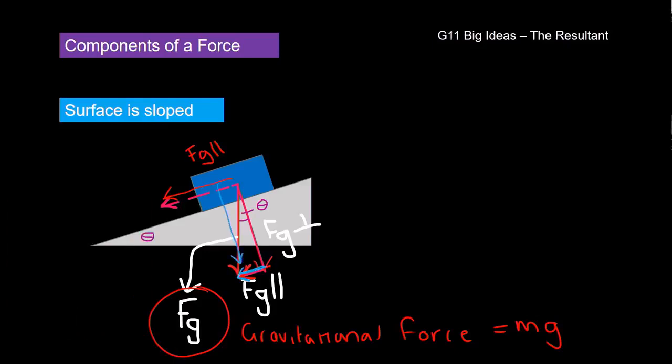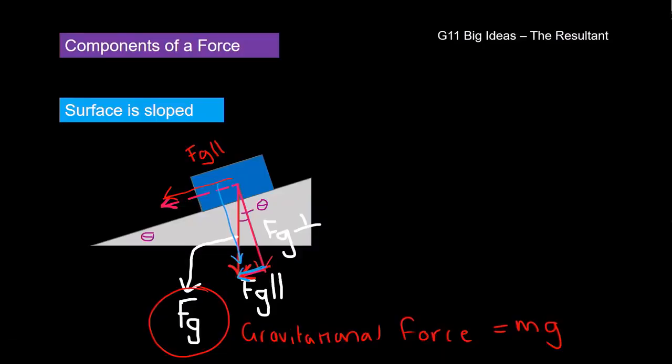It's been taken from where it was drawn, and it's been drawn down below so that it touches that resultant force. What about this component? You can see that it is perpendicular to the surface. So we call that the perpendicular component of the gravitational force.